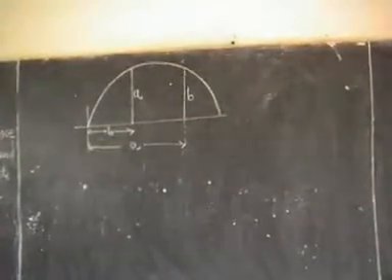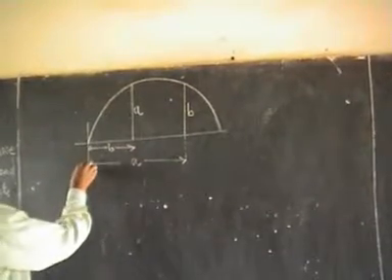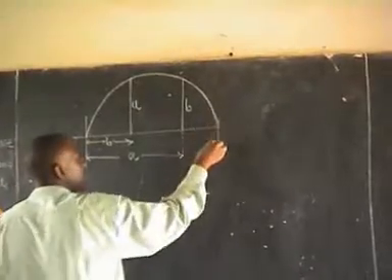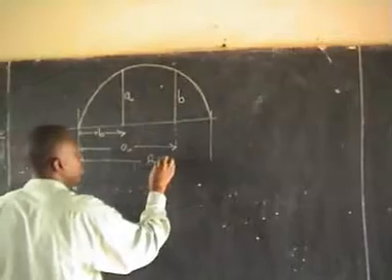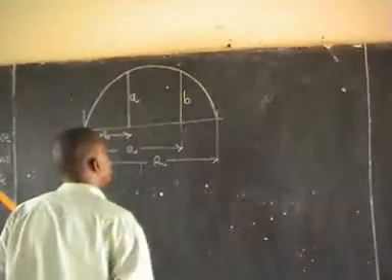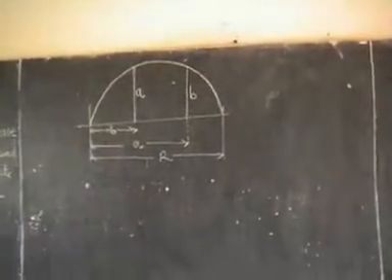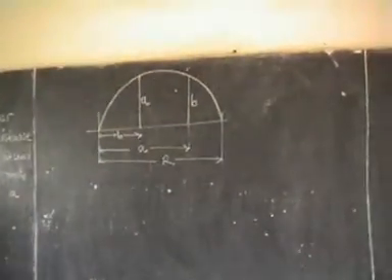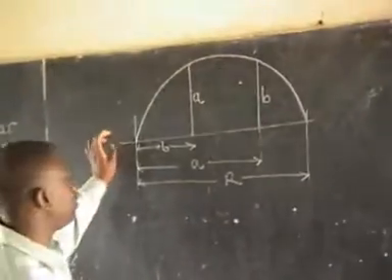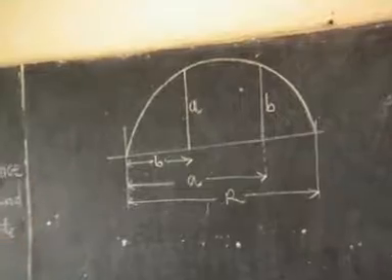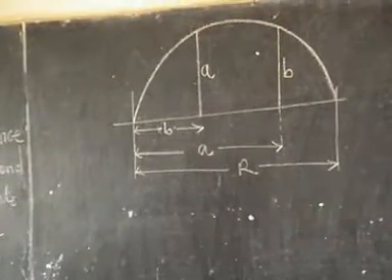Show that the range on the horizontal plane, so in this case the range is going to be our maximum horizontal displacement along the horizontal plane, which is R. So that is the only information that has been given, which we must play around with to show the given expression.